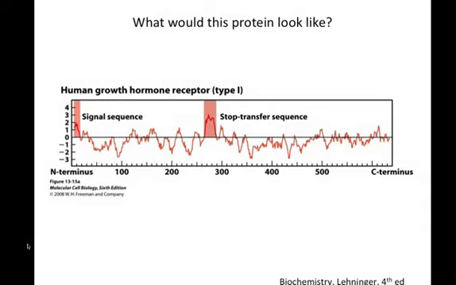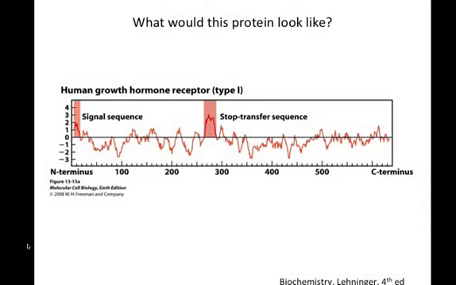This is the cytosolic or cytoplasmic tail. This part is your transmembrane domain, because it's going across the membrane.